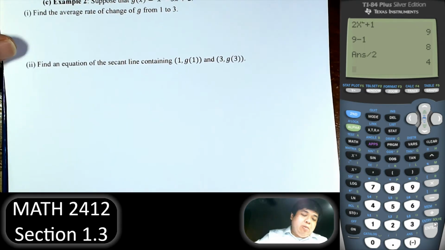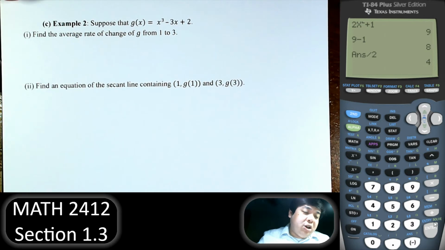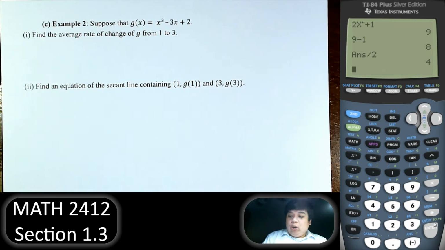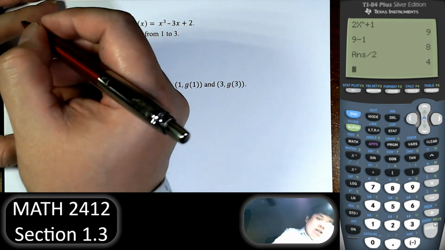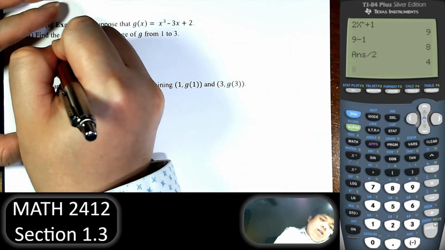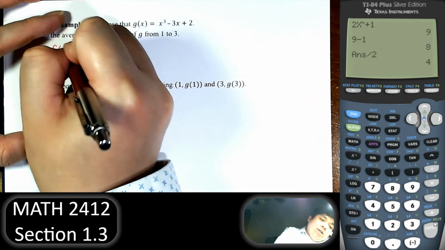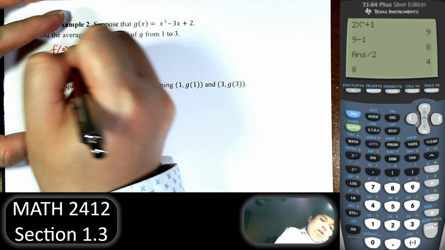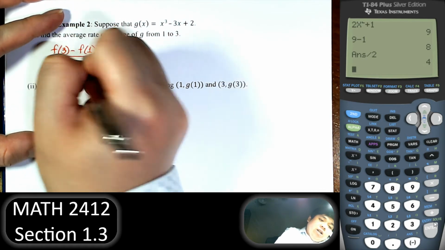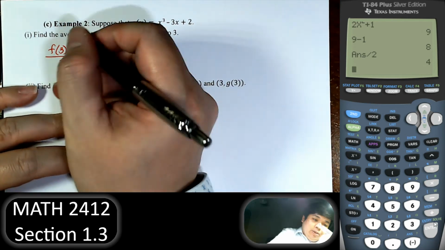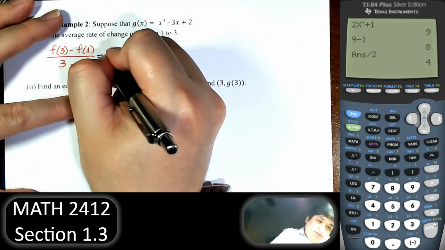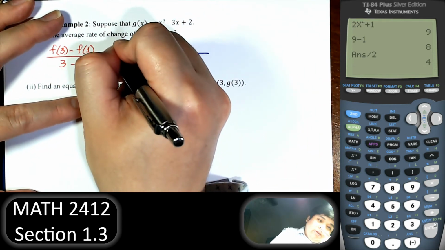Next, suppose we have the function x cubed minus 3x plus 2. Find the average rate of change of g from 1 to 3. So first we start with f of 3 minus f of 1 over 3 minus 1. So this is the average rate of change. Put 3 in for x.